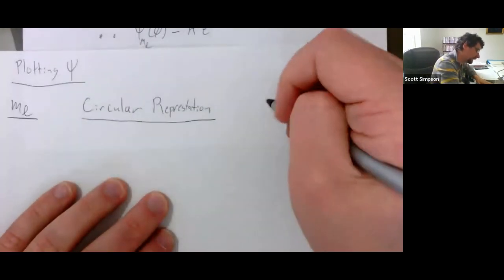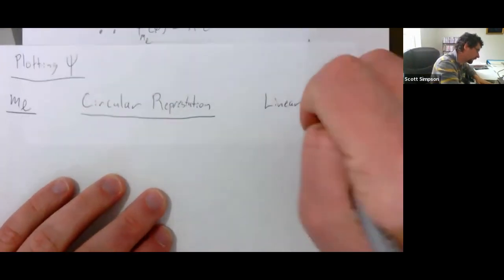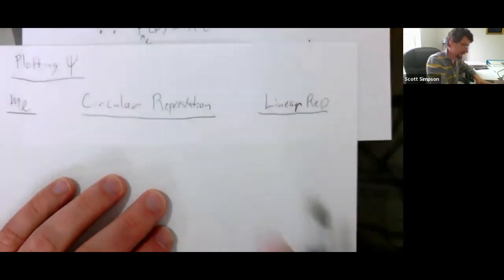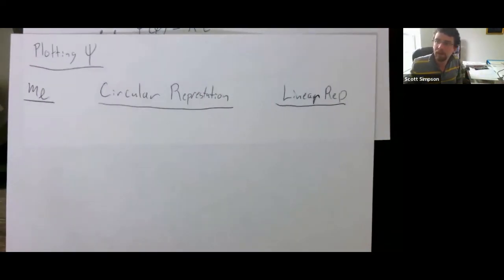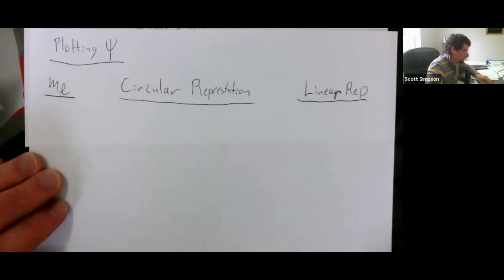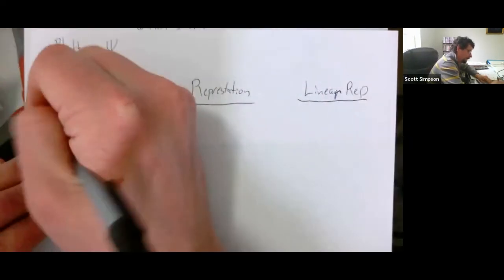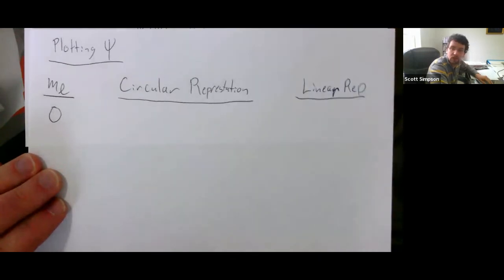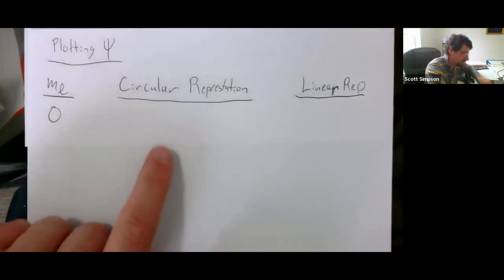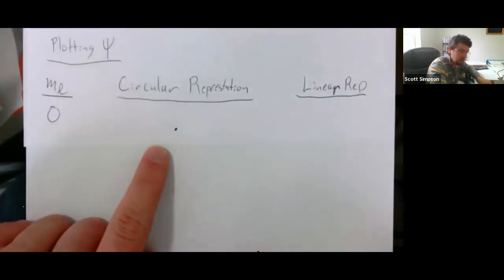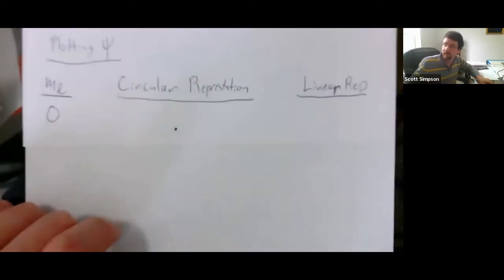And then we're going to have the linear representation, where we try and plot this thing. Okay, so let's start at m sub l equal to 0. We're going to try to do the circular representation. We're going to draw the center of that circle, and then the path of this circle.